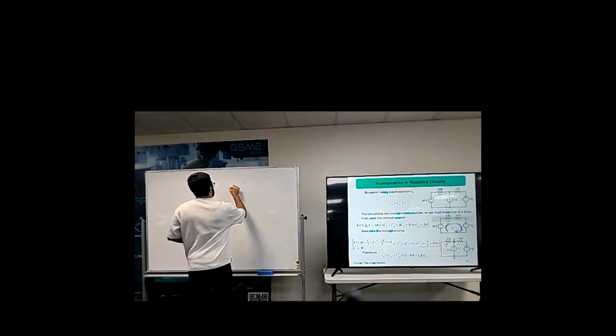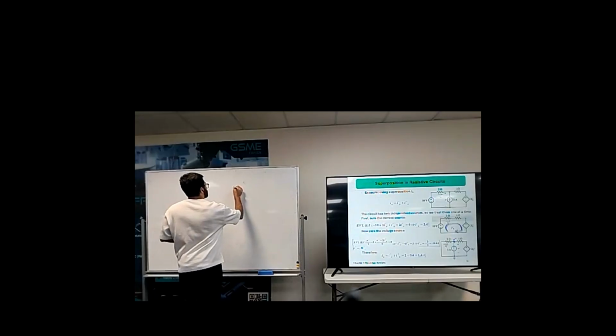So if I apply KCL here, I have V minus 10 volts over 2 plus V minus 2ix over 1 minus 3 amp should be 0.